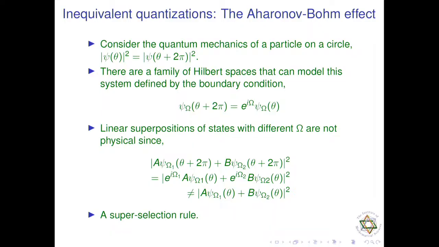So these are all distinct, and this is called a superselection rule. The terminology came from selection rules, which prevented transitions between states when symmetry did not permit it. This one prevents you from even superposing two states.